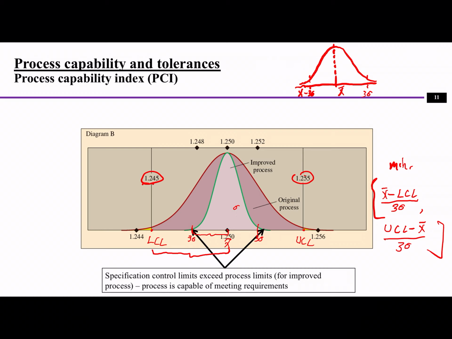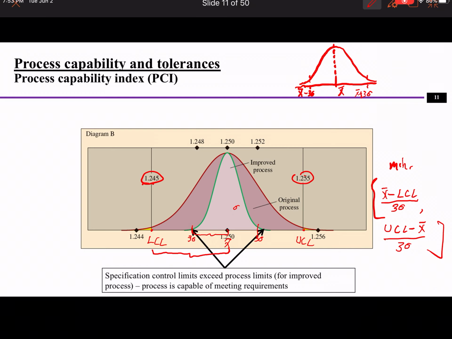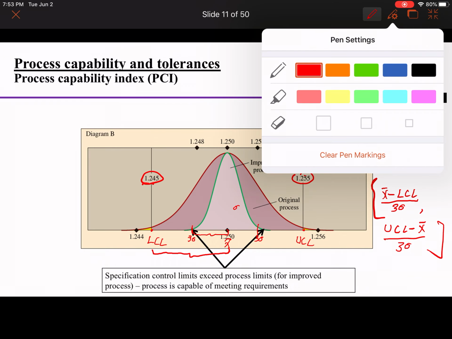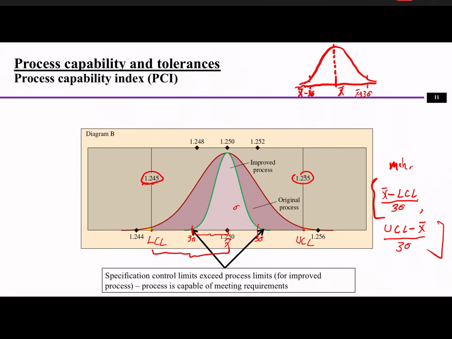Let's call it x bar minus 3 sigma, and this is x bar plus 3 sigma. All right, but the problem is, this is our production, but the design specification is different.